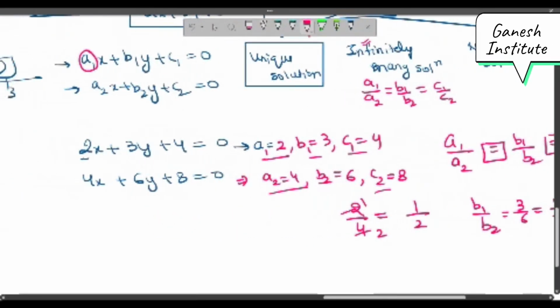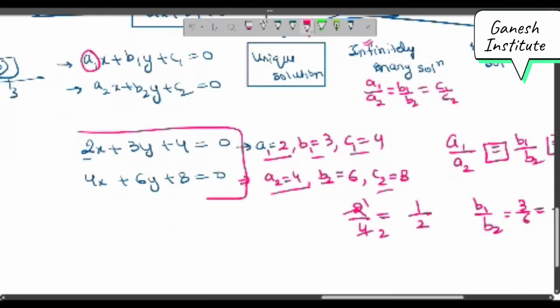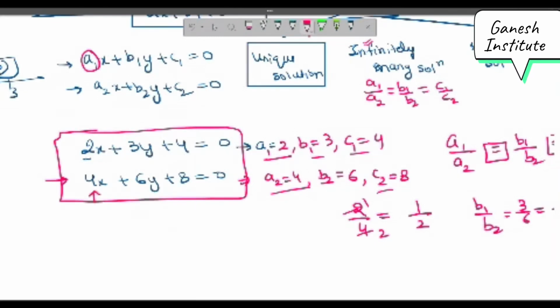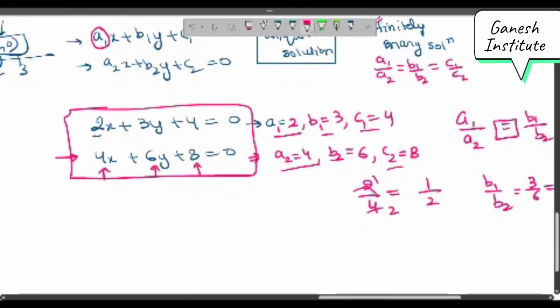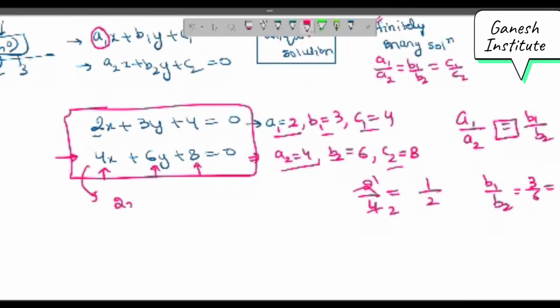I'm telling you how. You see this, if I simplify the second one, can you see all of these have 2 as common, right? They have an LCM, which would just cancel them all out. Yes, so the second equation will be transformed to 2x plus 3y plus 4 equals 0, right?